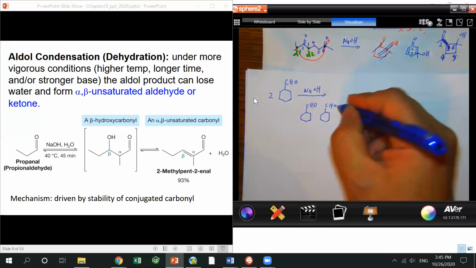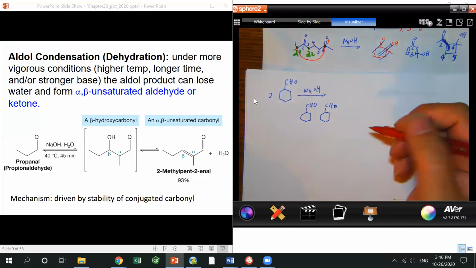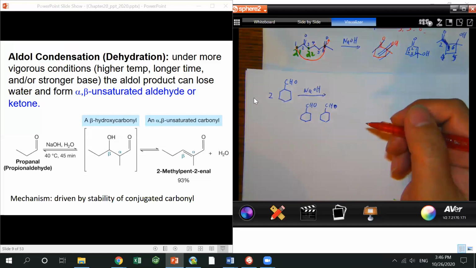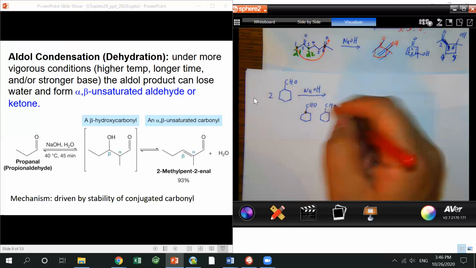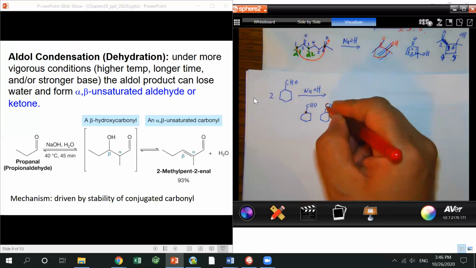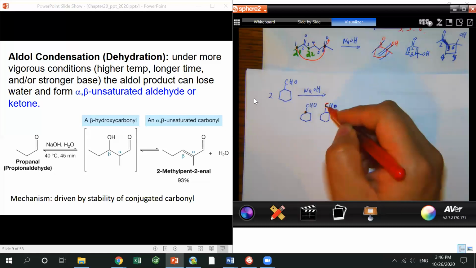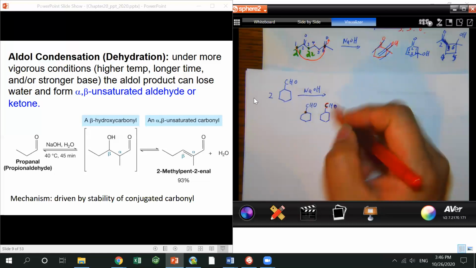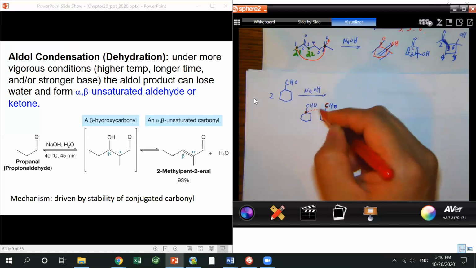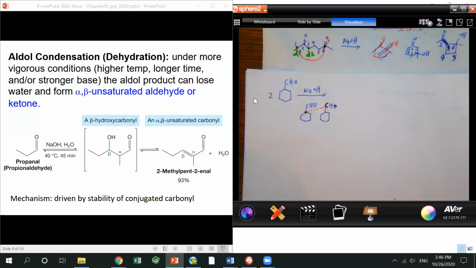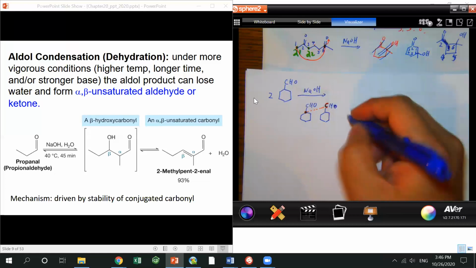Find the alpha carbon from one molecule and the carbonyl carbon from another molecule. It doesn't matter which one you pick. Here we assume the left aldehyde is the alpha carbon and the other aldehyde is the carbonyl carbon. You build a bond between these two, and then the aldehyde becomes an alcohol.